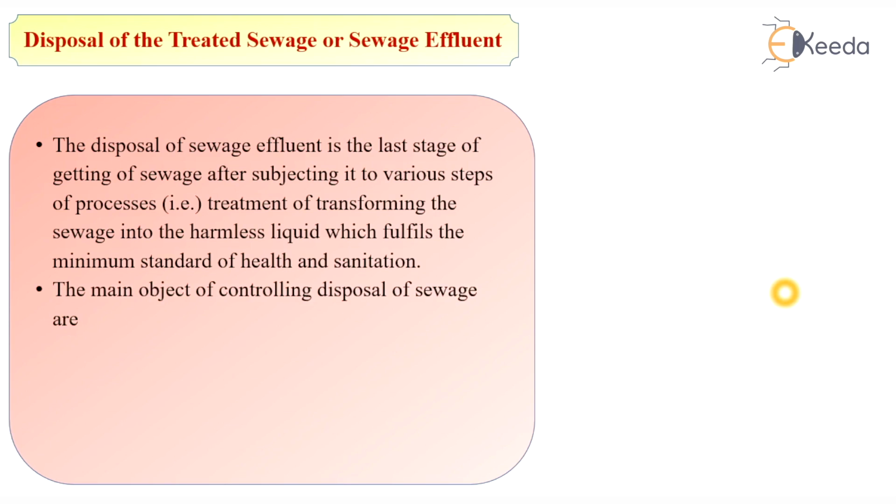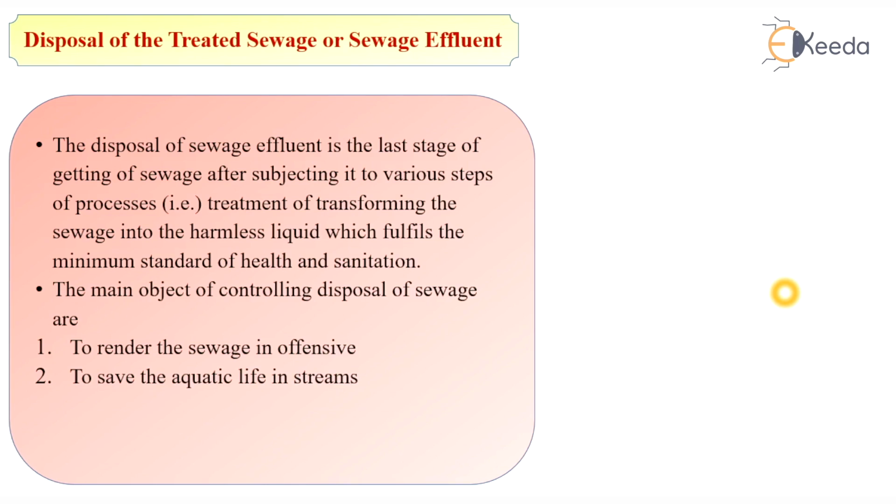The main objectives of controlling disposal of sewage are to render the sewage inoffensive, to save the aquatic life in streams, and to eliminate the danger of contamination of water supplies.